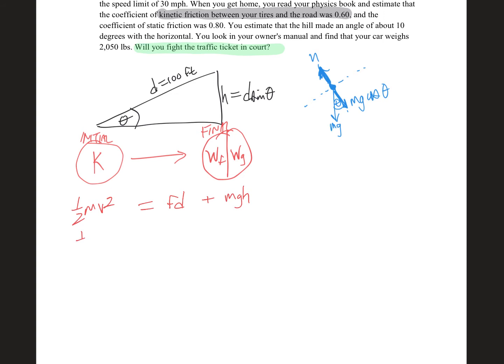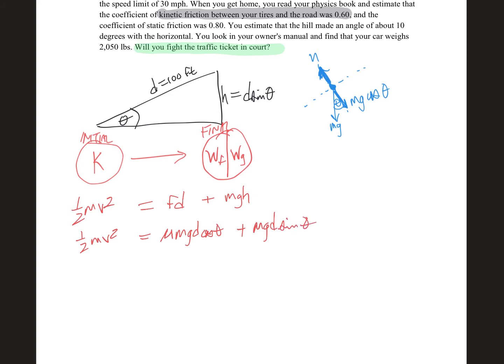Now, 1/2 mv squared, so friction is mu N, but the normal force is going to be mg cosine theta, so I'll put that d in between there. mg, but h, I don't know h, but I do know d, and I do know theta, so d sine theta.